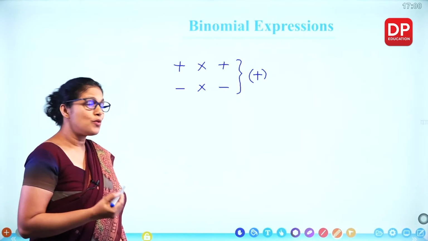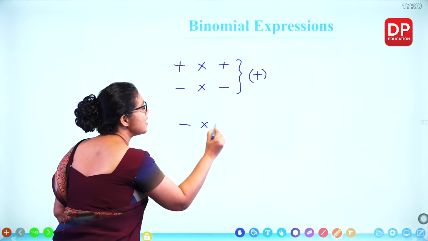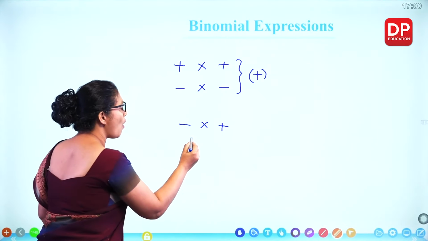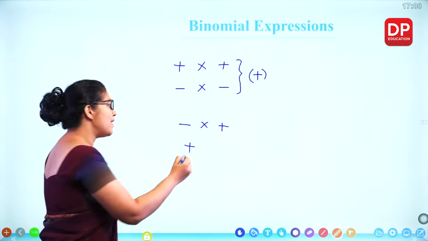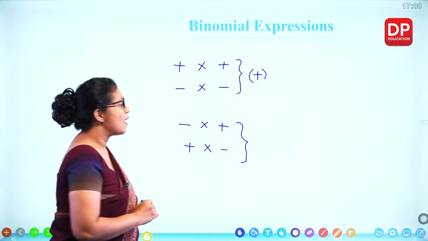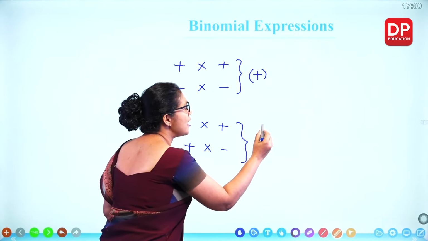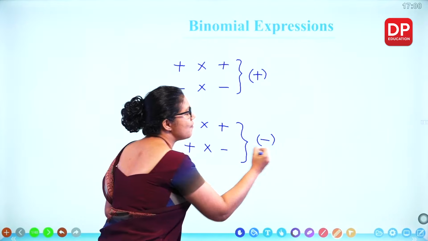So what happens when you get different signs? One is negative and one is positive, or the first one is positive and the second one is negative. When you multiply different signs, you will end up with a negative value.